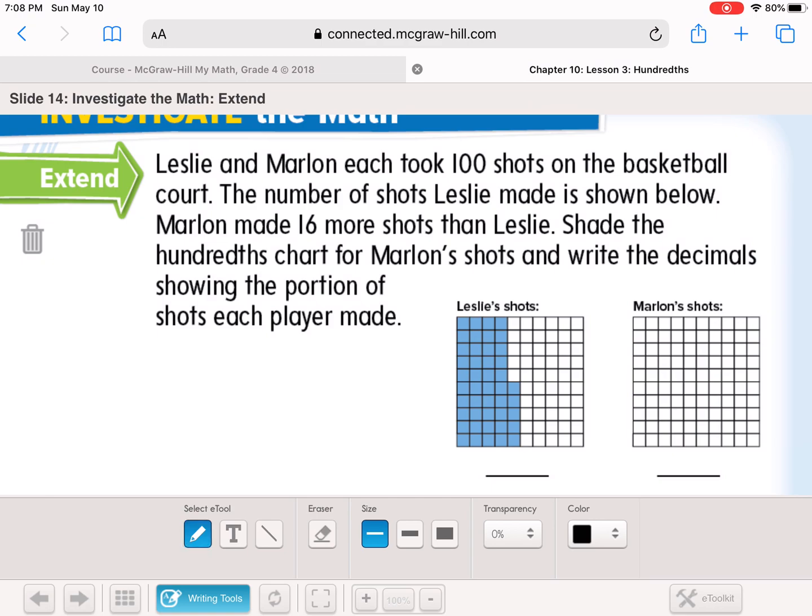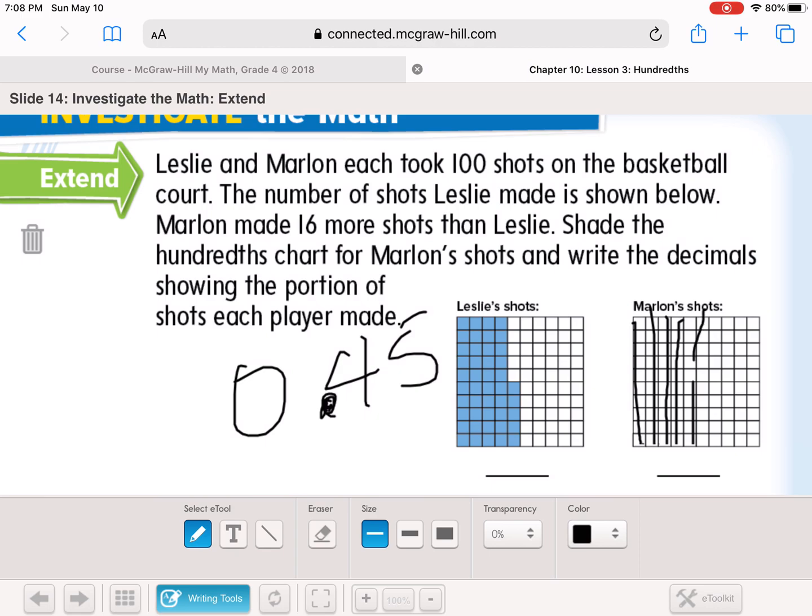So she made 45, so 0.45, right? So he did 45 plus 16 more. 5 plus 6 is 11, and 4 plus 1 is 5 tens, plus the 1 more ten, so that would give us 61.